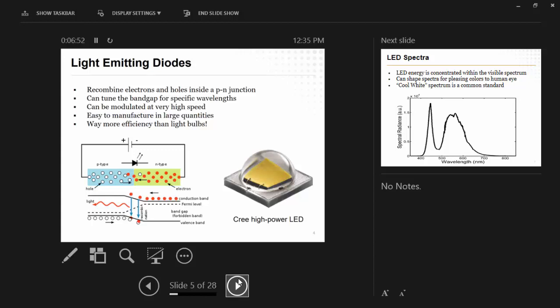And what's really cool is, depending on the band gap, you can also tune the color. So this is why we have very pure red, blue, and green LEDs, because through clever engineering, they picked the right band gap for it. And if you're really clever, you can mix the three together to get various other colors and so on, which we'll see in a minute.